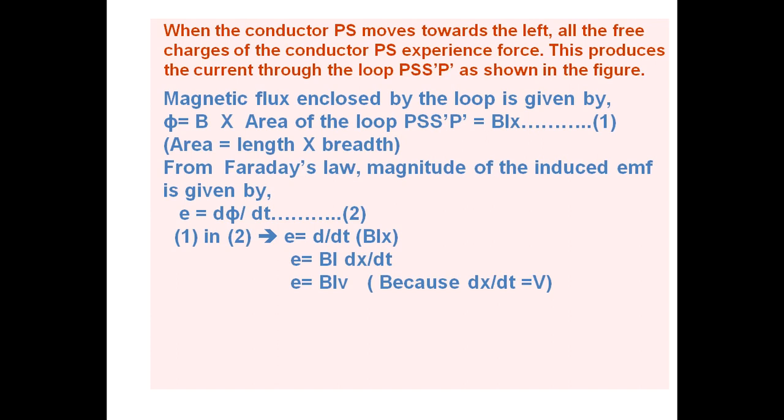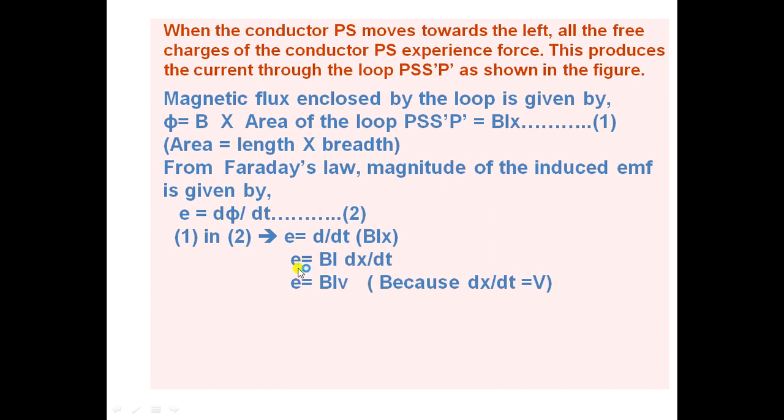Then, from Faraday's law, the magnitude of the induced EMF is E equal to dφ by dt. According to Faraday's law, the magnitude of EMF is the rate of change of magnetic flux. From equations 1 and 2, E is equal to d by dt of BLX, because φ is equal to BLX from equation number 1.